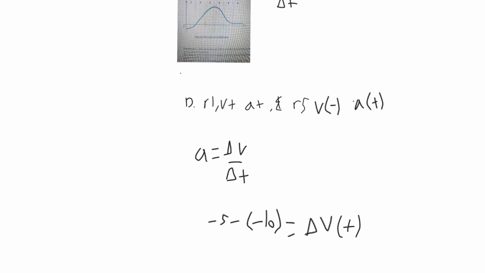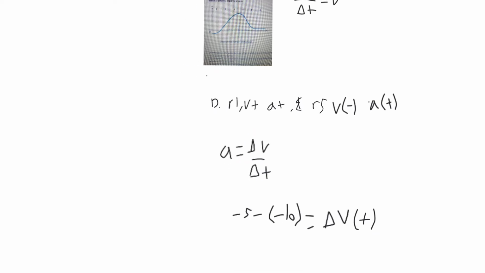So it's going to be like our slope pretty much. And to find the acceleration, we know that the change in velocity over the change in time is going to be our acceleration.